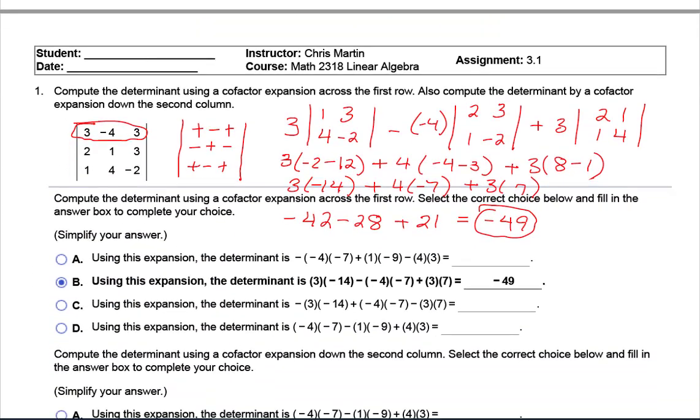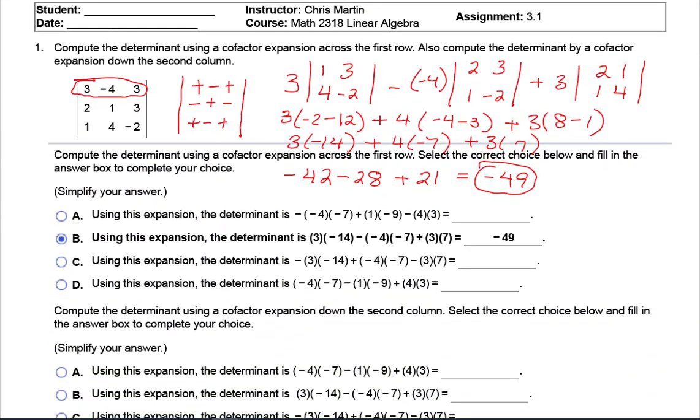So let's take a look. In question 1, they say find the determinant of this particular matrix. They want me to expand across the first row. So how did the signs go again? They go plus, minus, plus, minus, plus, minus.